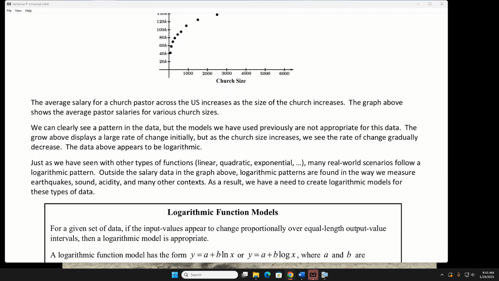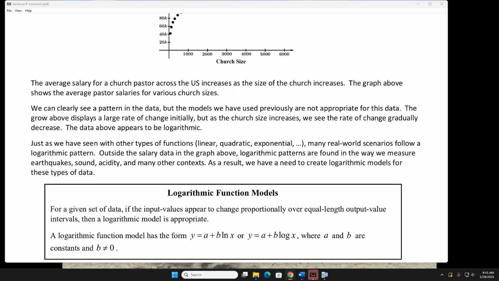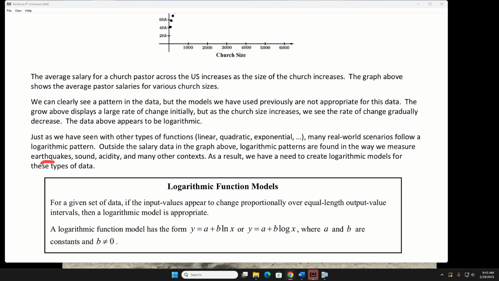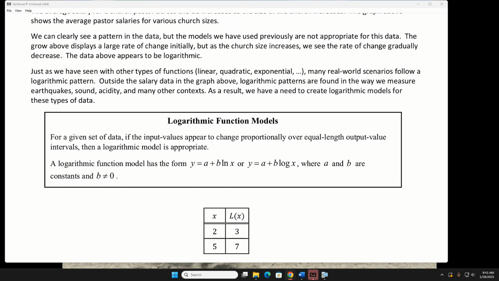Just like when we did quadratic models and exponential models, there are lots and lots of real world applications or scenarios that go with those. Same thing with logarithmic. So logarithmic patterns are used to measure earthquakes and sound and acidity and a whole bunch of other types of things.